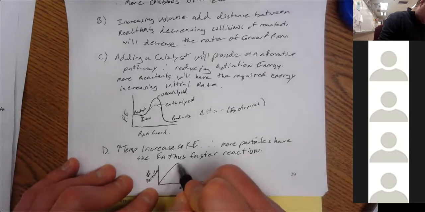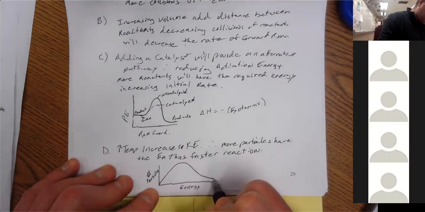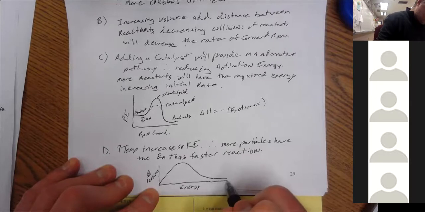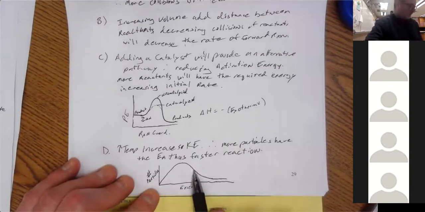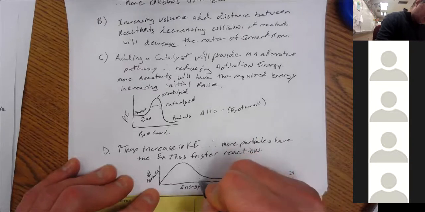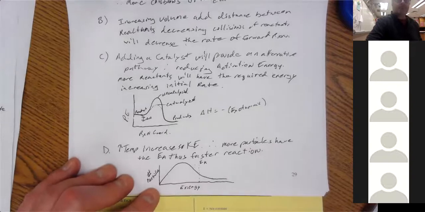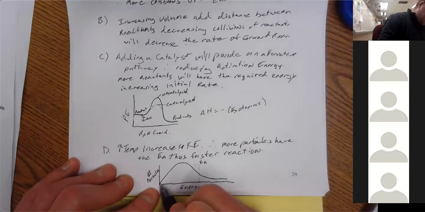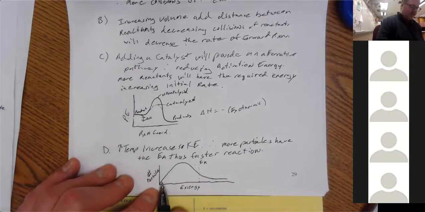We have something with some energy. And then we want to change that. So if we say that right here is our energy of activation or activation energy, then if we increase the temperature, remember that we still want a relatively same amount of particles.